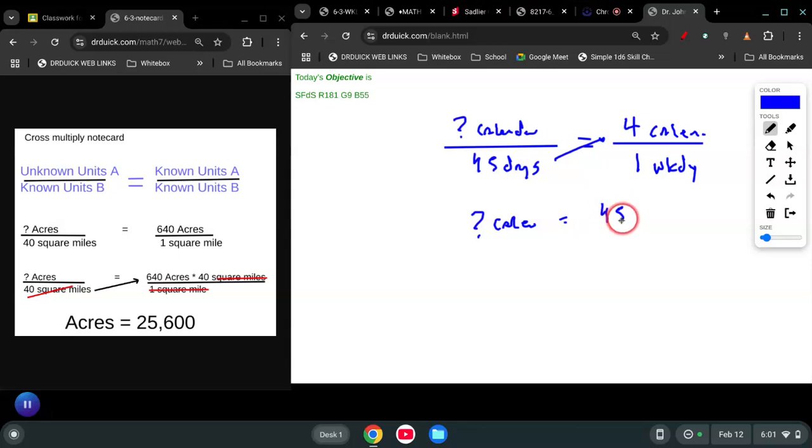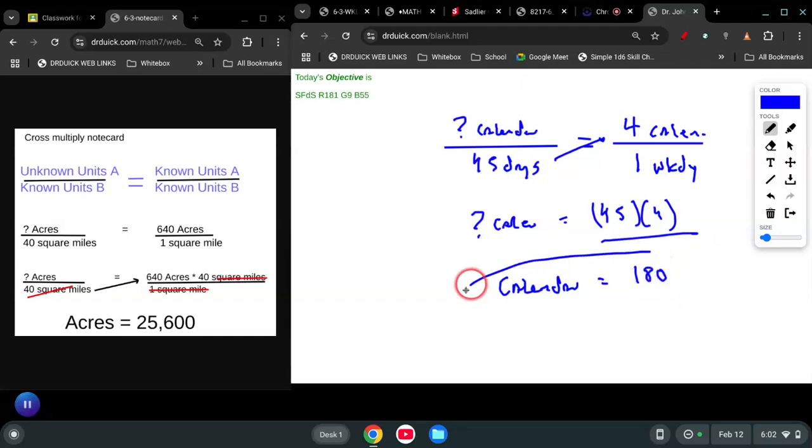Pretty easy. We end up making 180 calendars, right? That's pretty straight, right? Everybody got that?